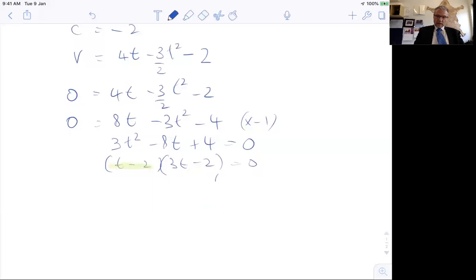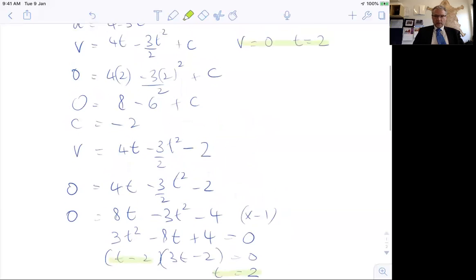So solving that, t is equal to 2, and 3t minus 2 is equal to 0. Rearranging, add 2 to both sides, divide by 3. There's the t equal to 2, which we already know, and there's the other value, t is equal to 2/3.